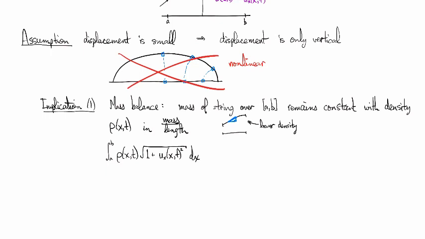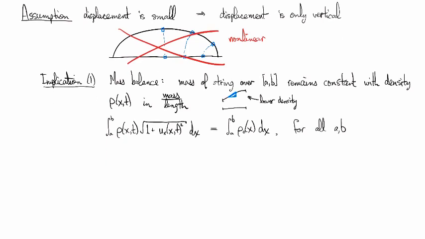So that's the total mass between A and B in the stretched version. And this should be equal to the total mass between A and B in the equilibrium version, which I'll call rho 0. And so this is some equation that holds for all A and B. And then just like we saw in the derivation of the diffusion equation or the heat equation, since it's true for any A and B, we can actually remove the integral.